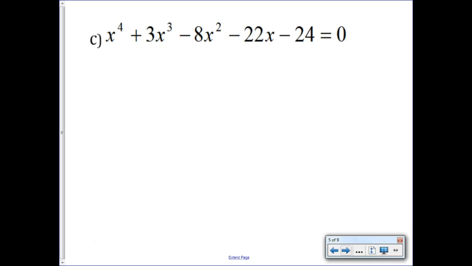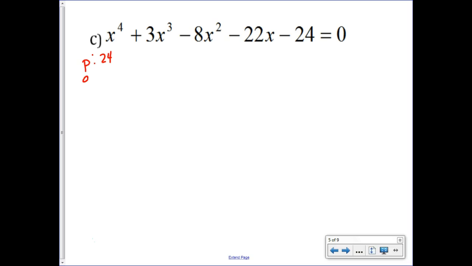Alright, x to the 4th plus 3x to the 3rd minus 8x squared minus 22x minus 24. So, let's find some possibilities for rational zeros. My p-value is negative 24.